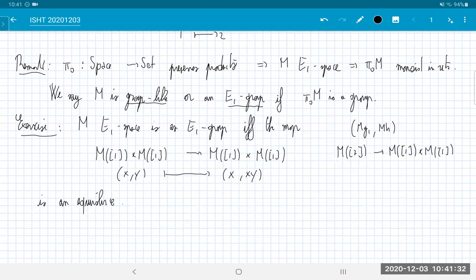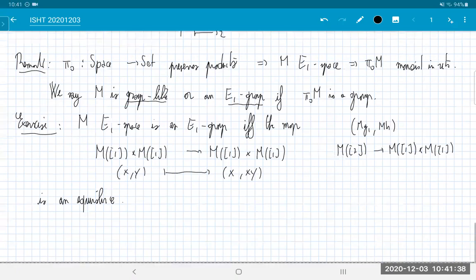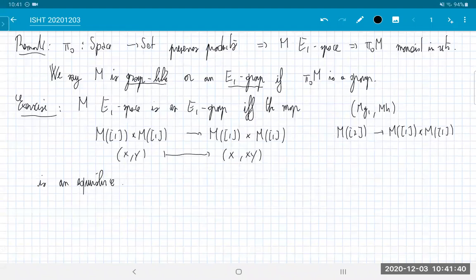Let me put this in as an exercise. And this definition clearly works in every infinity category with finite products. You can copy it.